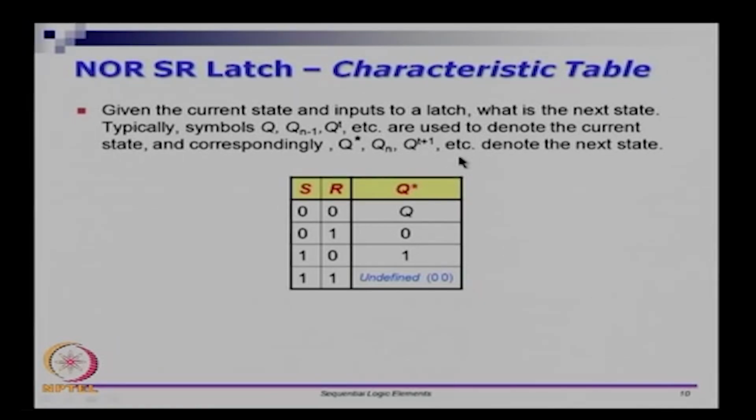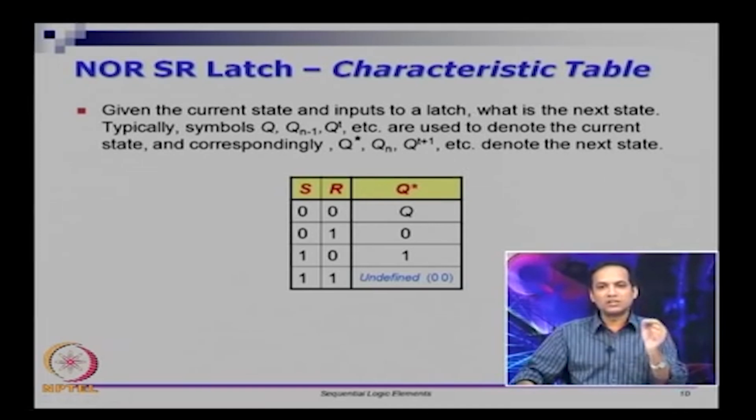So it is from time t to t plus 1, going from current to the future, and then t plus 1 to t plus 2 is again from that current to its future and so on. We will use these notations, either Q and Q star, Qn minus 1 and Qn, or Q of t and Q of t plus 1.